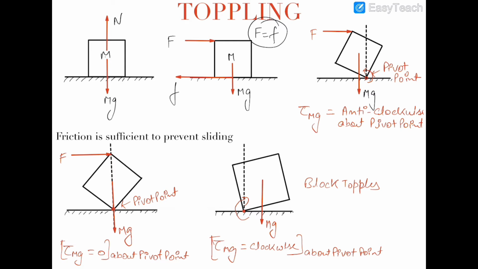But you can see that if you are pushing this block in this direction, then this friction is stopping the block from sliding, but this block has a tendency to roll about this point.